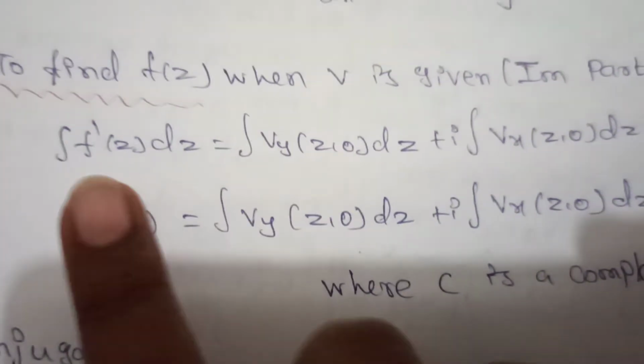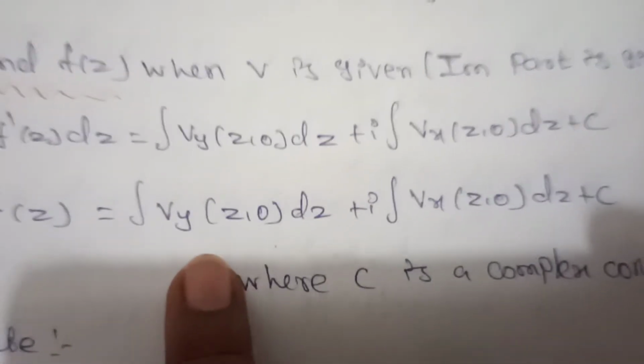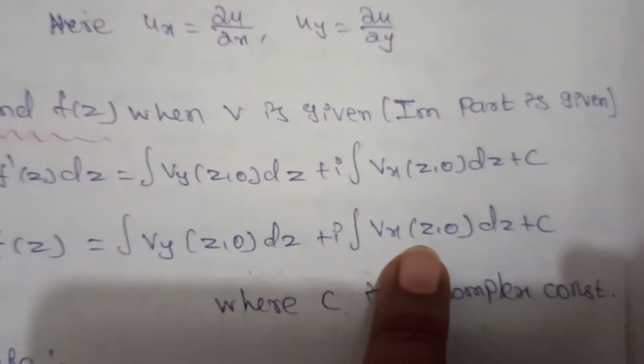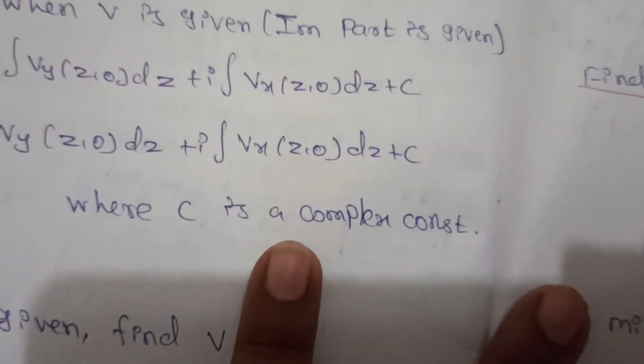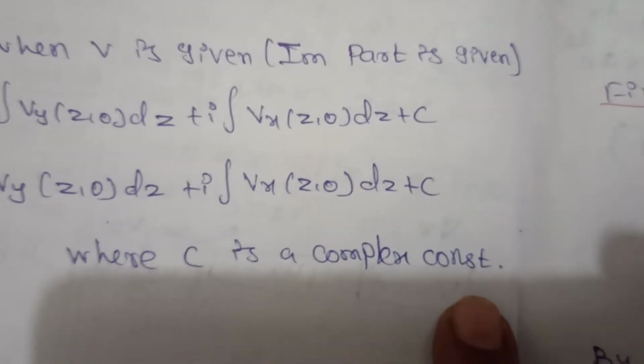Here the integral and derivative cancel, so f of z is equal to integration of v y of z comma 0 dz plus i into integration of v x of z comma 0 dz plus c. Here c is a complex constant.